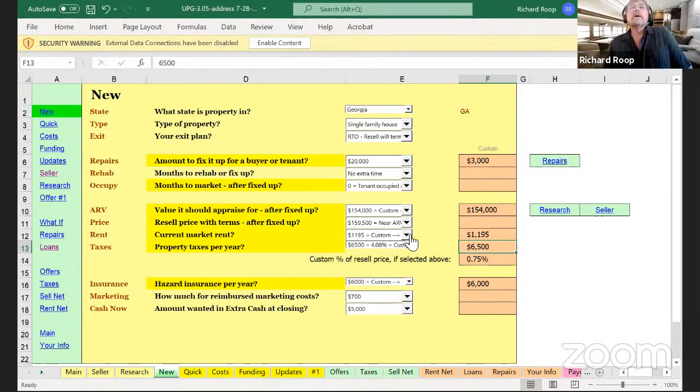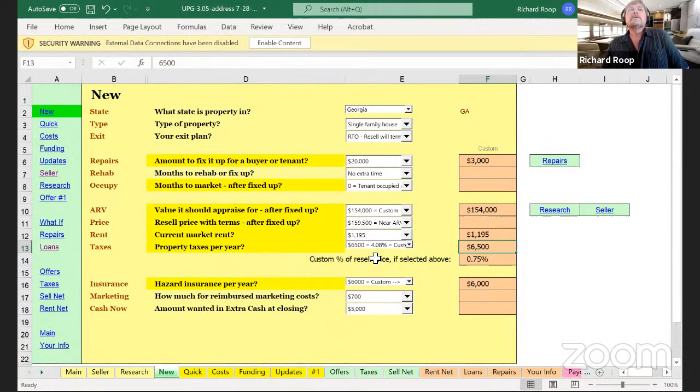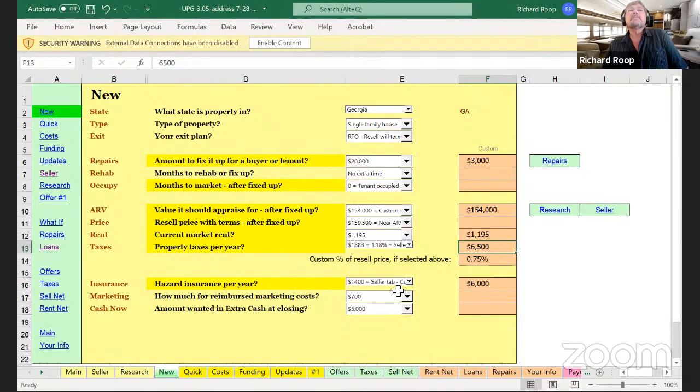All right. And usually we can select this on here like that. Okay, and then the taxes, I'm going to go ahead and pull that from the seller tab. And the insurance, I'm going to pull that from the seller tab too. And then normally on a free and clear house, Joey, I know you're not familiar with the free and clear model, but we usually pull out 10 or 20 grand and put it in our pocket when we buy it.